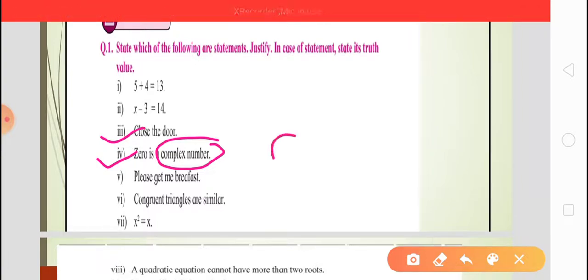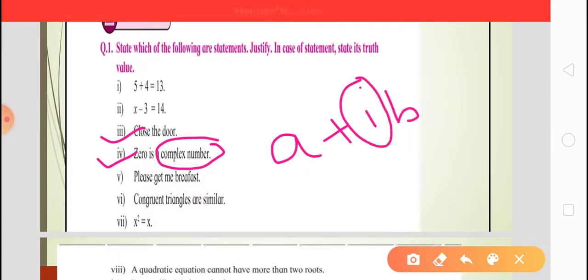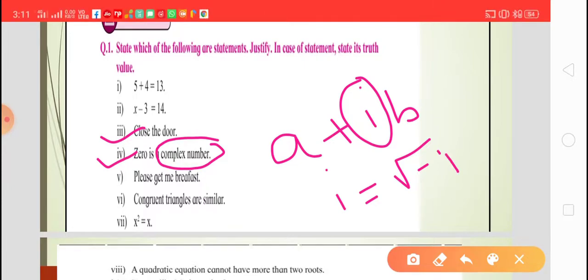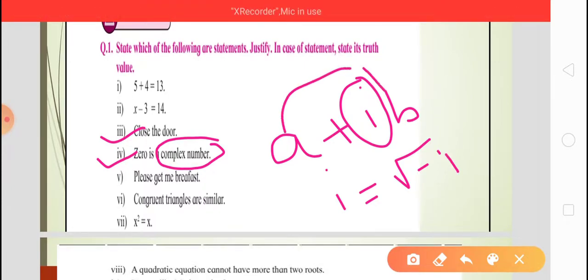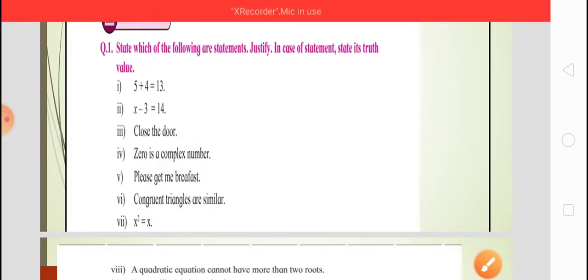A number in the form a plus ib, where i is the imaginary number, the value of i is root of minus 1, and a and b are real numbers. Such a number is called a complex number.